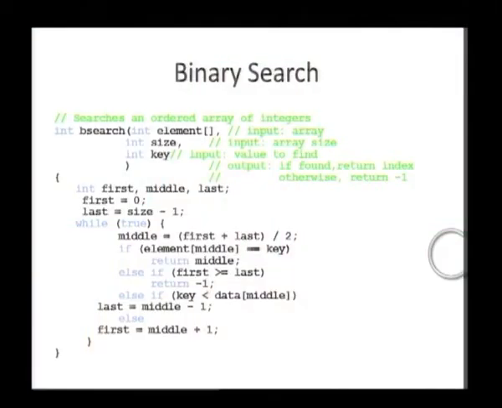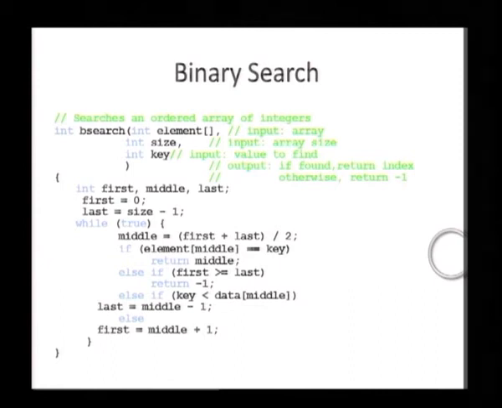Here is the pseudocode for this function, which is binary search. It is actually cut and paste from a C program. The arguments are as usual: an array which contains a sorted set of elements, the size of the array, and the key, which is also given as part of the input.